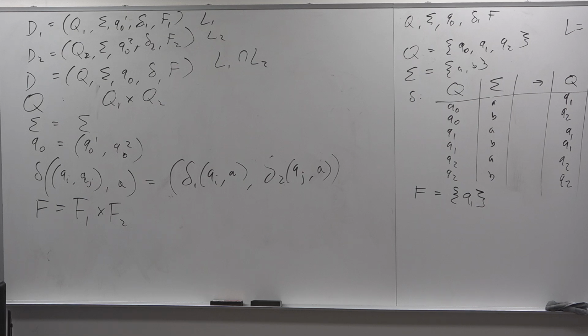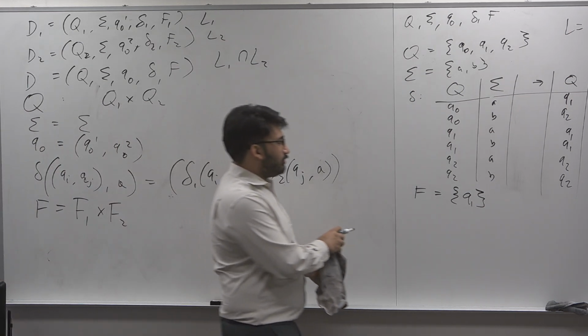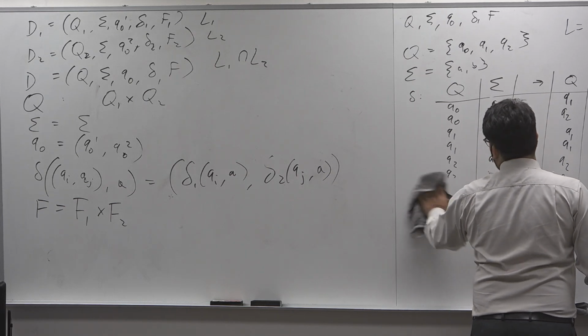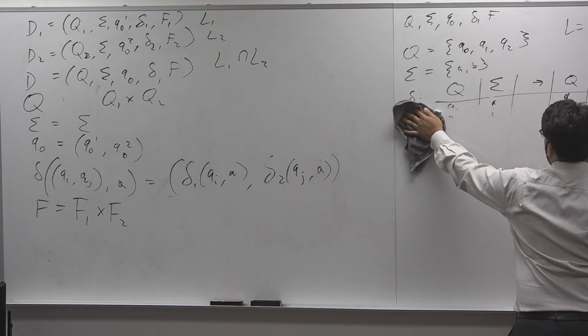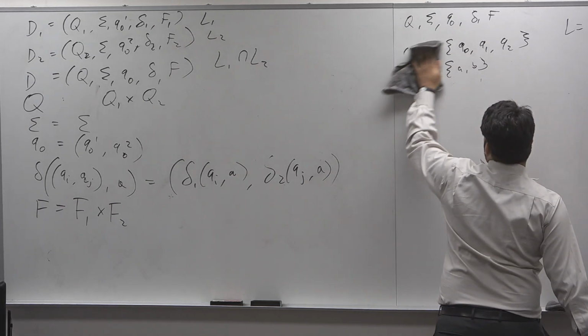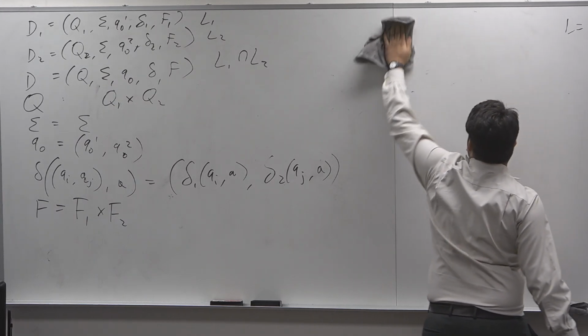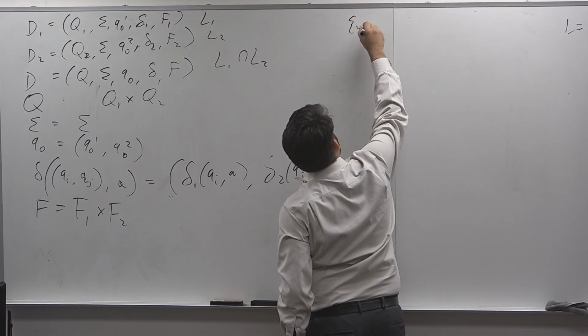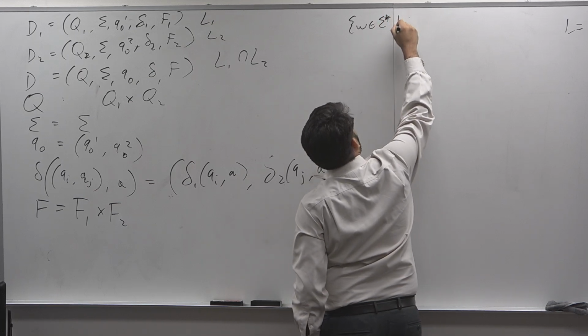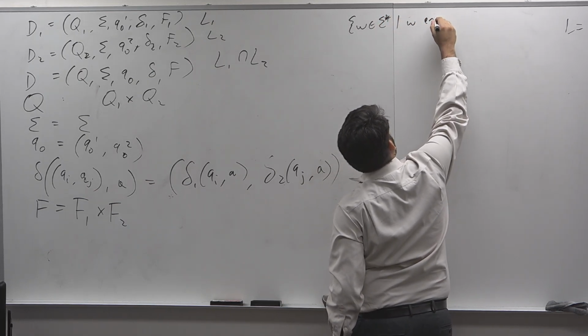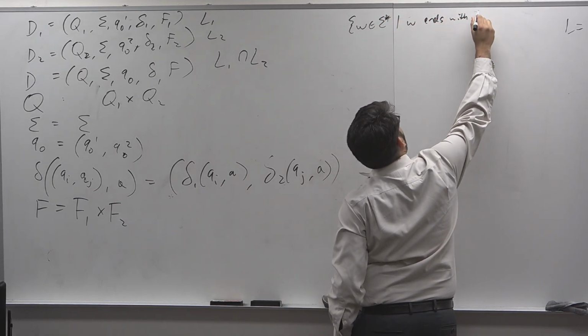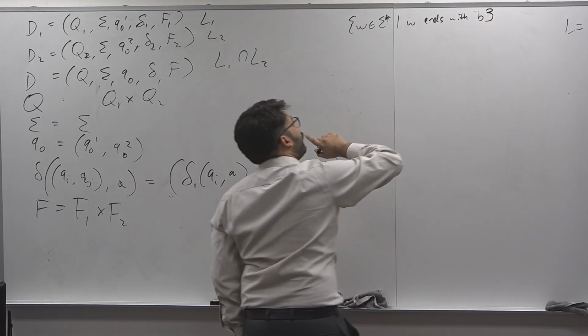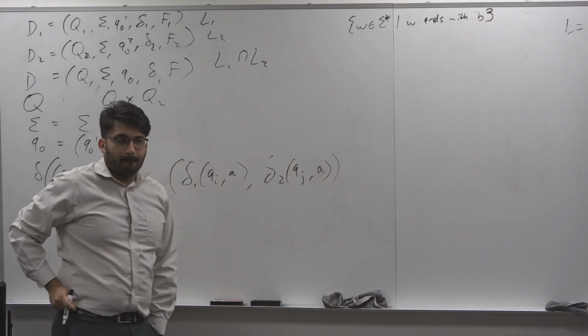The formal definition is one thing, but of course what's more useful is always to do examples. So let's do some examples real quick. Suppose I have this language, W is in sigma star, such that W ends with a B. How would I draw such a DFA?